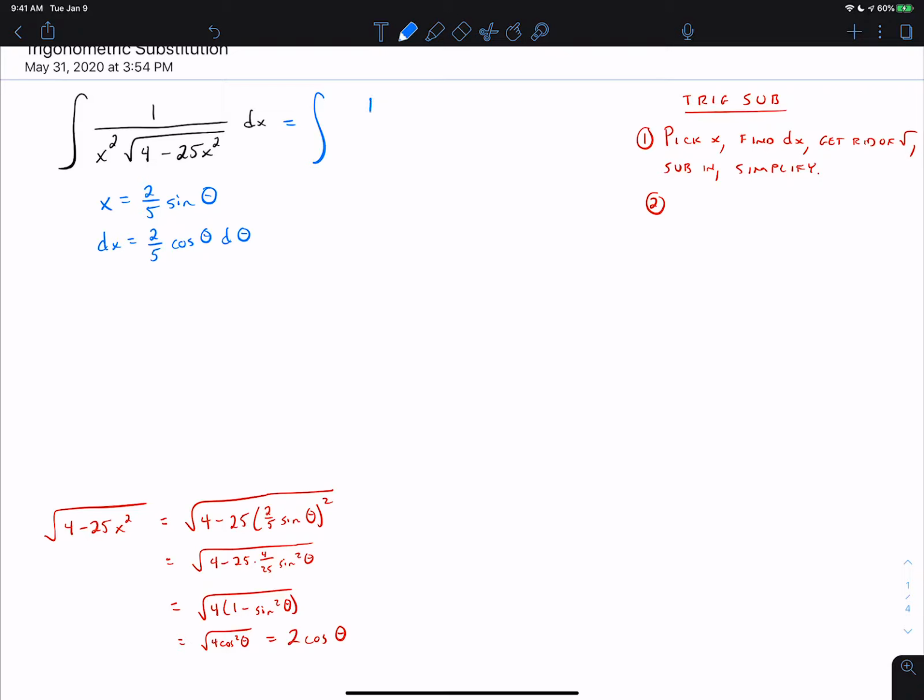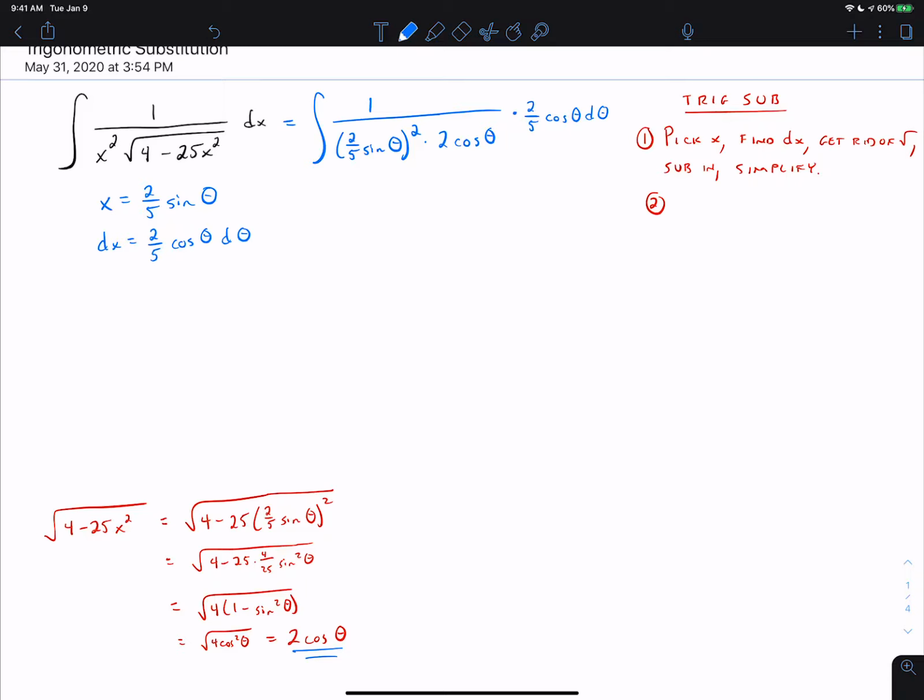Any x that's not in the square root, like the x squared at the beginning, we replace with whatever we chose, which here was 2/5 sine theta, and it's squared in this problem. Now the entire square root gets replaced with this 2 cosine theta at the bottom of the screen. Then dx gets replaced with whatever we found for dx, which in this case is 2/5 cosine theta d theta.